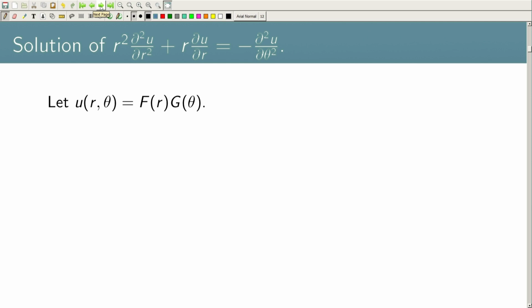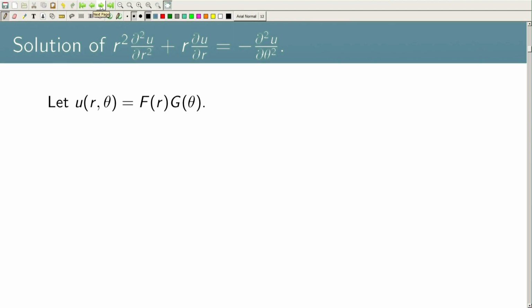Let us assume that the solution can be separated in the r variable and the theta variable. So, let us assume our solution looks like u(r, theta) equals f(r) g(theta). What are going to be the values of f and g? If I take the derivative with respect to r, we get f prime of r times g of theta, because f is a function of r.